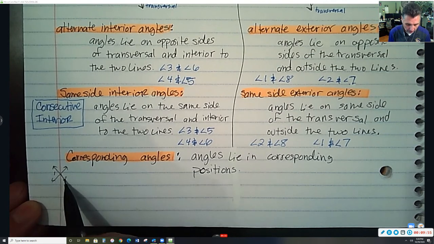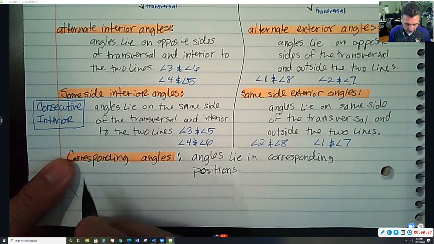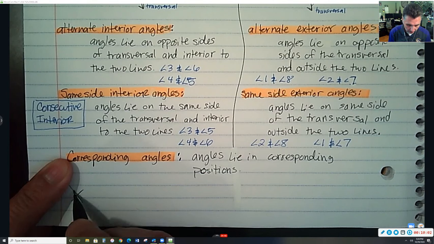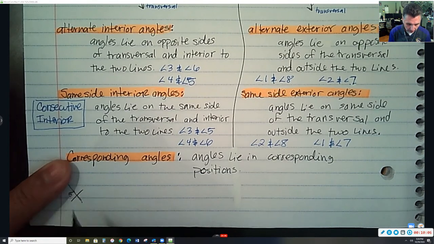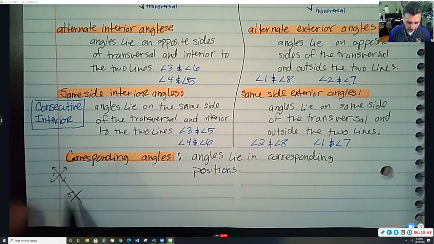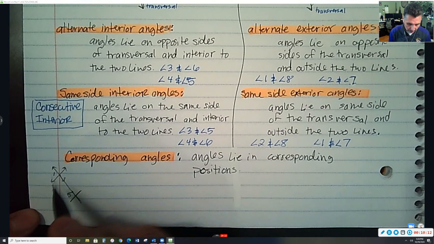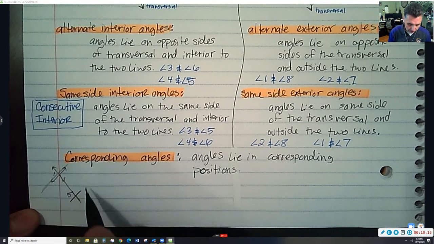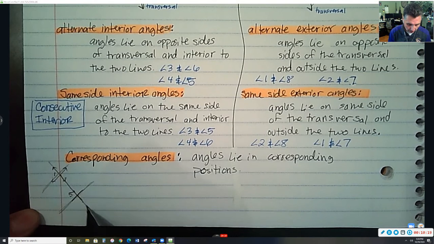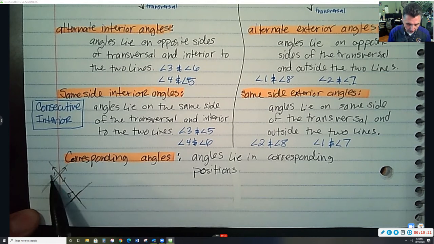Imagine you drew another X over here, right? And call this angle 5, I don't know. 5 and 1 are in the same spot. Okay. But if you make this vertical or parallel lines, then 1 and 5 would be corresponding angles because they're in the same spot of this original X.